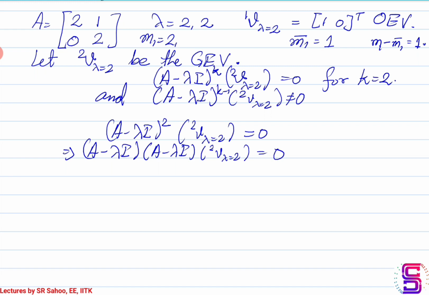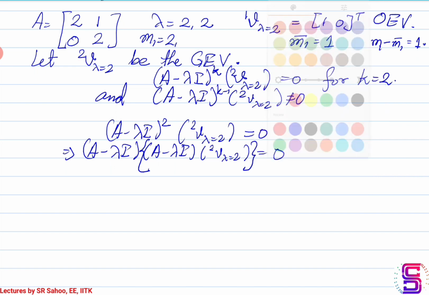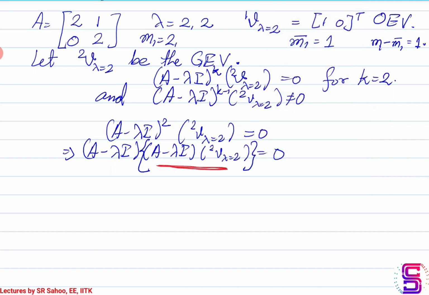Right. I can express it like this. Now notice this guy here inside the curly brackets has to be an eigenvector, because this when multiplied by A minus lambda I is going to give me 0, and on top of it the underlying vector has to be a non-zero vector.